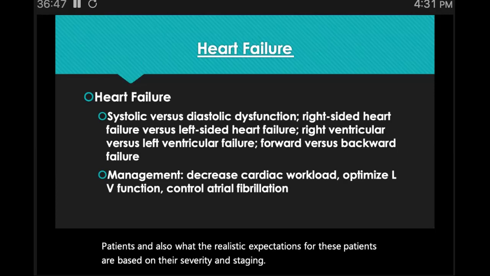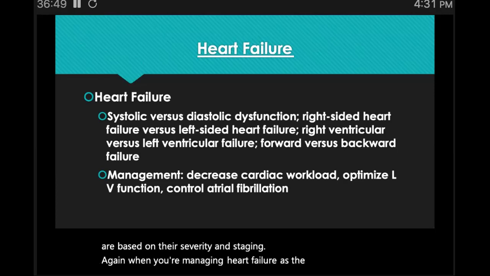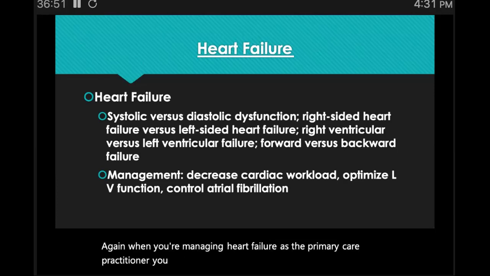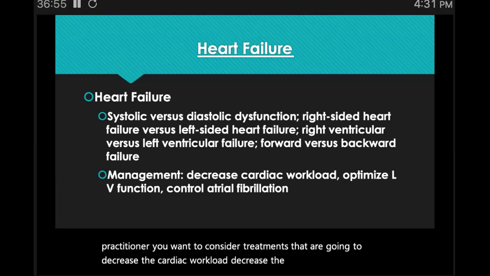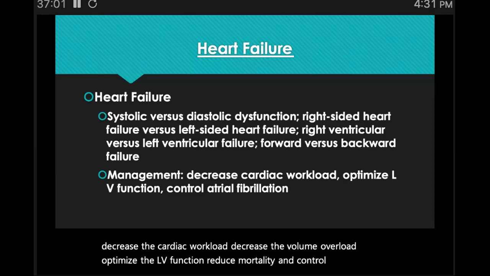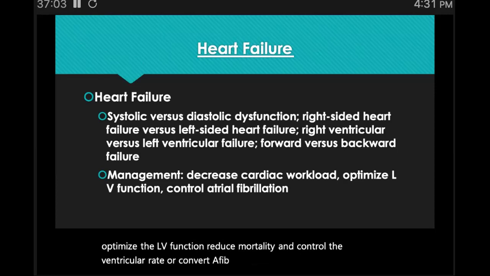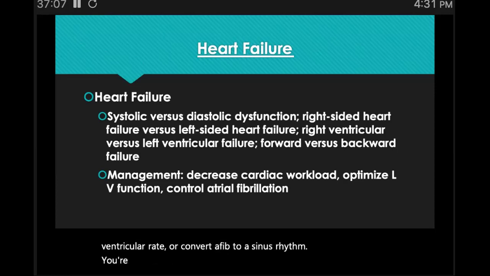Again, when you're managing heart failure as the primary care practitioner, you want to consider treatments that are going to decrease the cardiac workload, decrease the volume overload, optimize the LV function, reduce mortality, and control the ventricular rate, or convert AFib to a sinus rhythm. You're really making sure these patients' weight is monitored very closely.